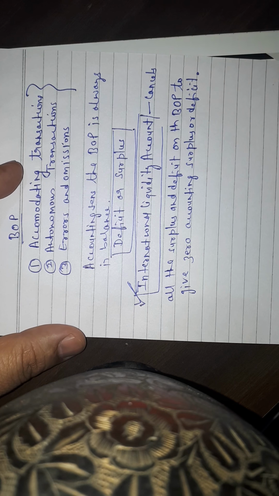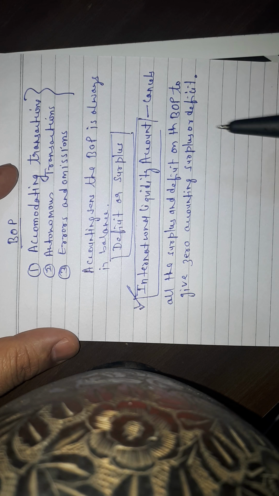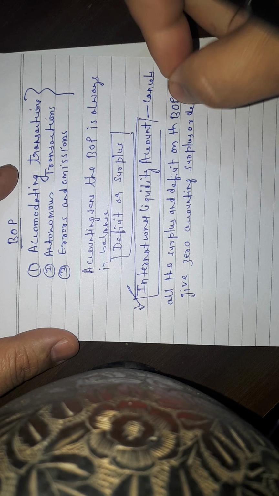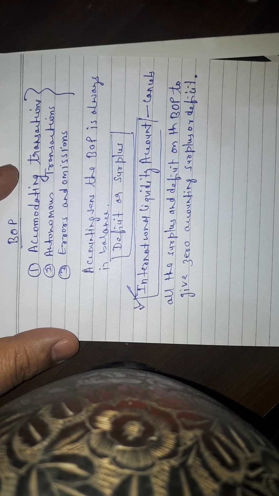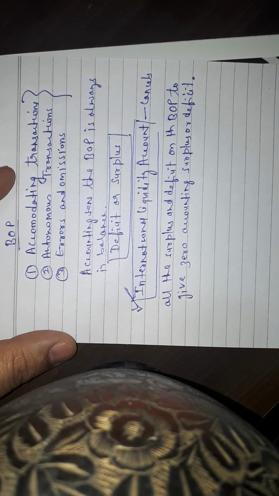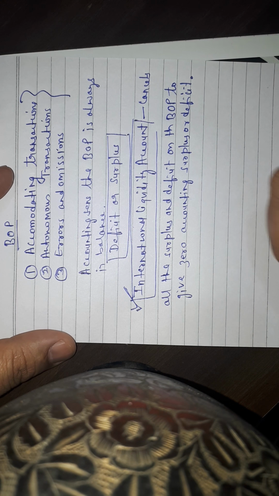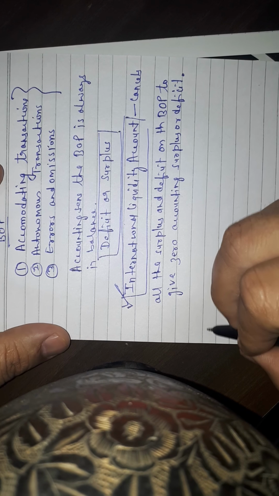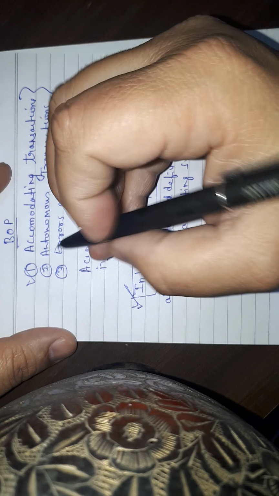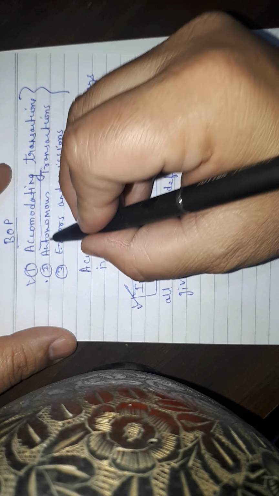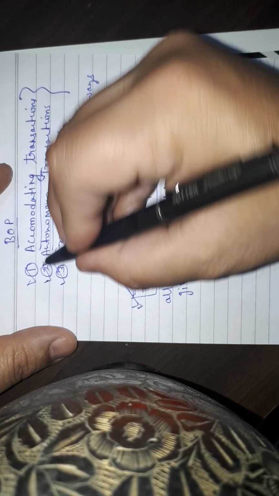So now we understand that the balance of payments is always in balance in the accounting sense. Then why are countries worried about balance of payment deficit and surplus? The answer lies in accommodating items, autonomous transactions, and errors and omissions.